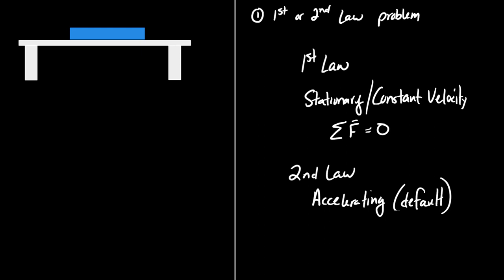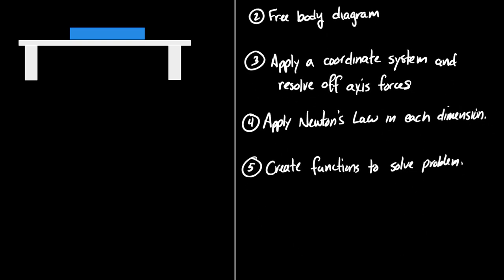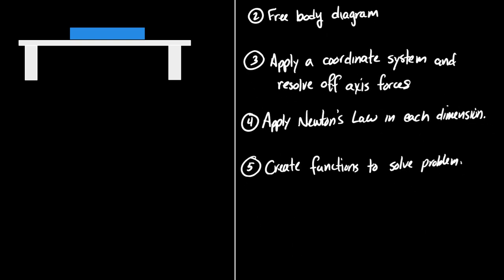After we decide whether this is a first law problem or a second law problem, our next job is to draw a free body diagram. In drawing a free body diagram, I gave you a series of steps yesterday about the different forces. What I want to do today is talk a little about what I expect to see in a free body diagram.